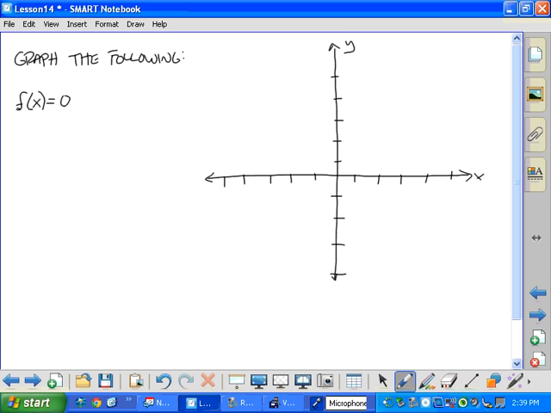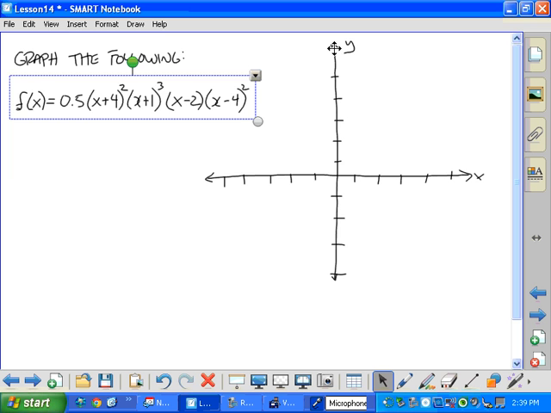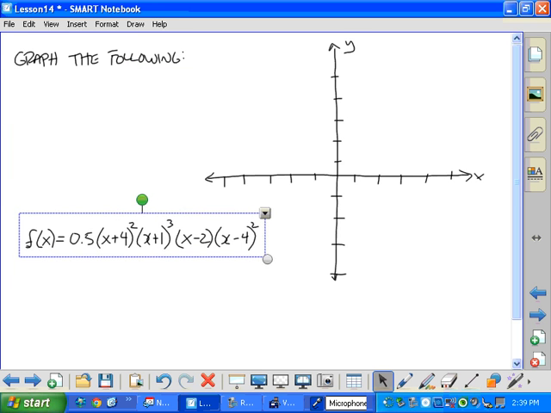Let's do 0.5 (x + 4) squared, (x + 1) cubed, (x - 2), and then (x - 4), and we'll make it squared.